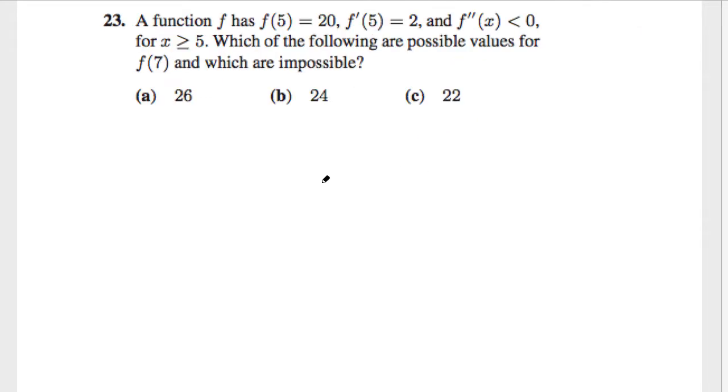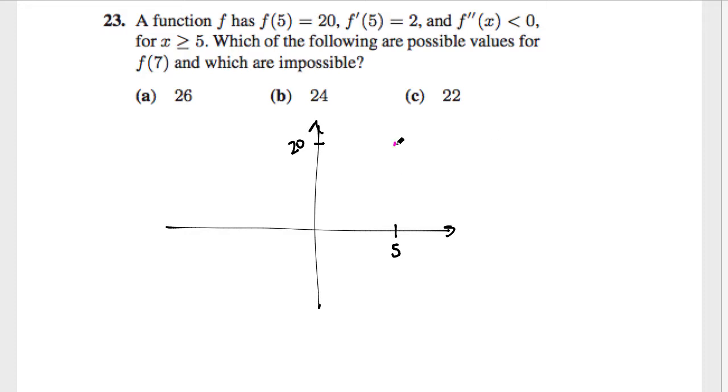Question 23, we're given some information similar to what we had for question number 22. So I'm going to start by sketching a little bit of a graph for this information. I have my axes, and I have f of 5 this time. I know that at 5, my function has a value of 20.